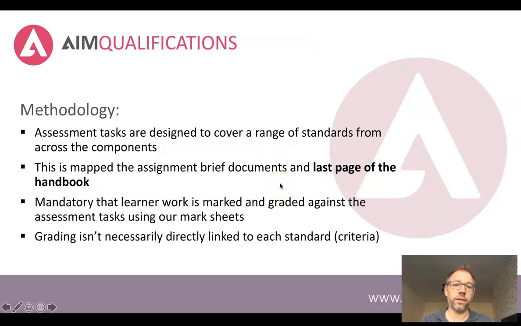So the assessment tasks cover a range of standards from the handbooks, from the components, and it's mapped as I've said there. It is mandatory that learner work is marked and graded against the tasks using our mark sheets. If our external verifiers come in and discover that you have in fact developed or used your own assignment briefs and come up with your own grading criteria, they will not be able to sign off the learner work, because it's part of the design principles that you use our grading criteria, because they aren't necessarily directly linked to each standard.